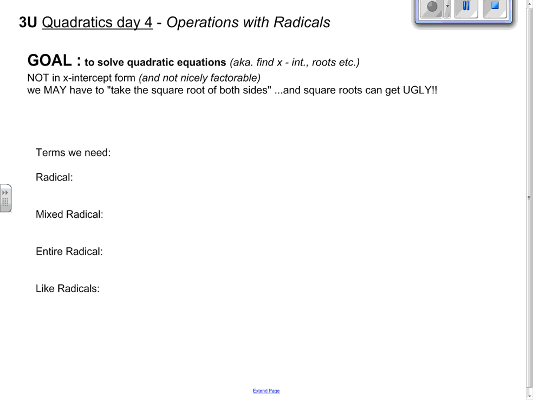A radical is a root. Square root, cube root, and so on can be higher order. A mixed radical has a coefficient other than 1. For example, 2 root 3 would be a mixed radical.